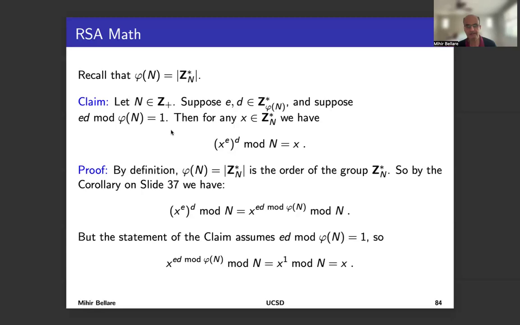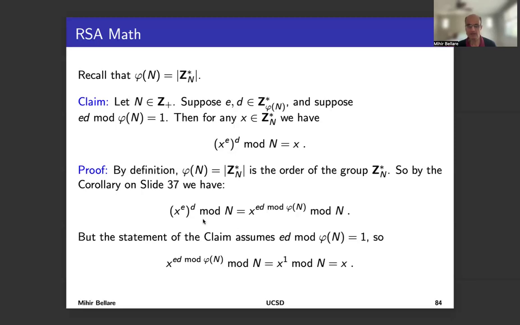This is going to be used repeatedly, but its justification or proof is actually not terribly difficult given the math we've seen. So we know that phi of n is the order or size of the group Zn star. And we had this nifty result saying something about simplifying exponent computations. So in particular, when we take x and raise it to the ed, of course, that's the same as x raised to the power e times d. But the corollary we saw says that exponents are always taken modulo the group order.